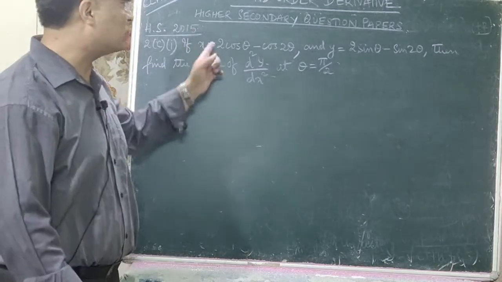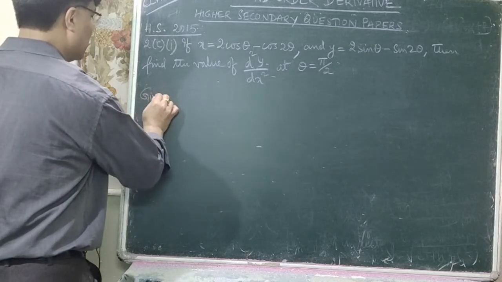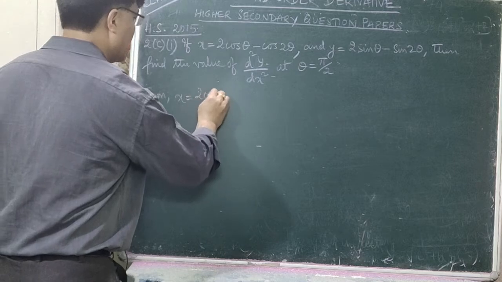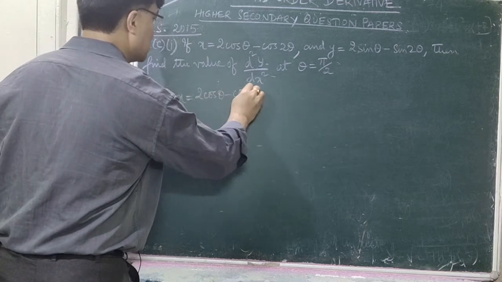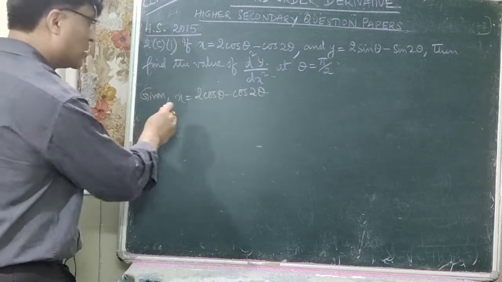First of all, you have to get the value for dx by d theta. Given is x is equal to 2 cos theta minus cos 2 theta. Now differentiate both the sides with respect to theta.